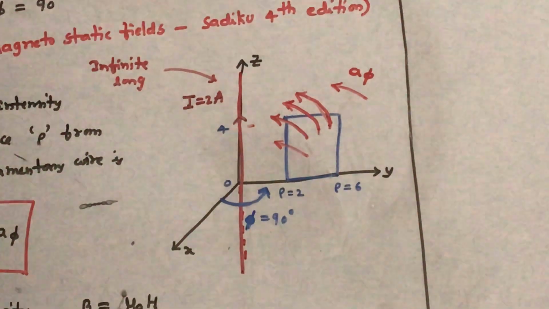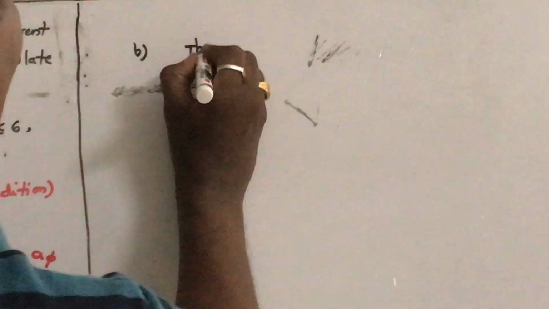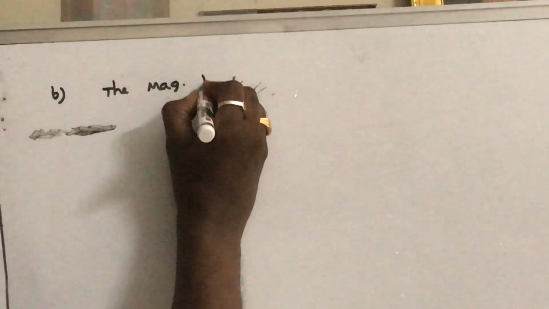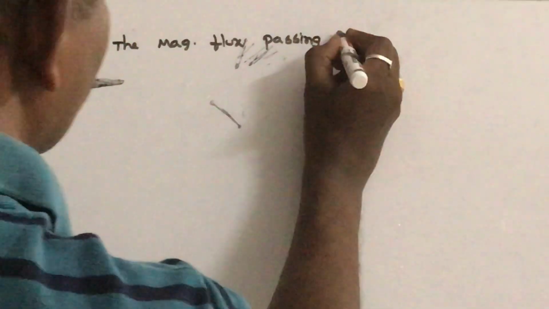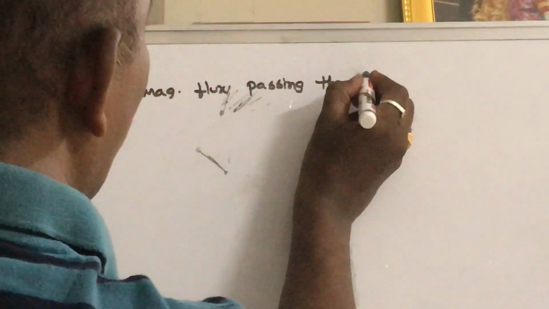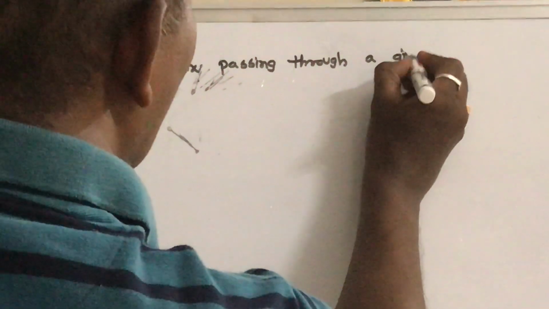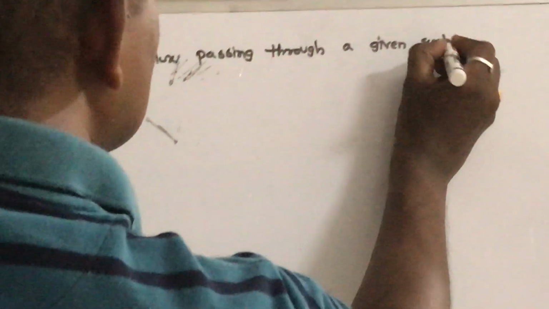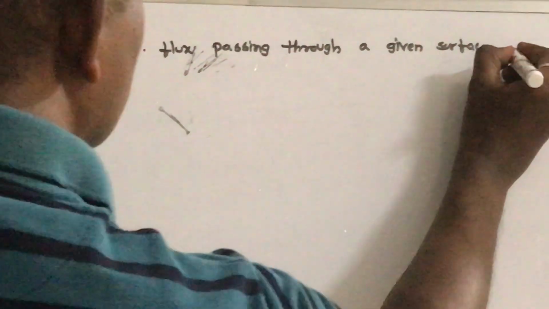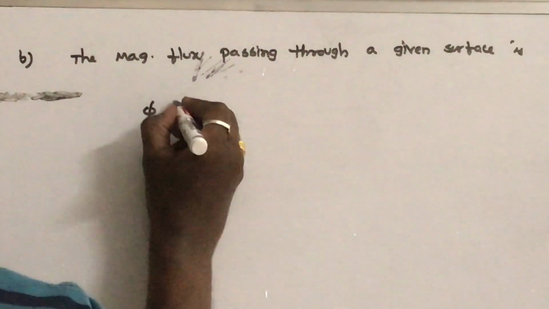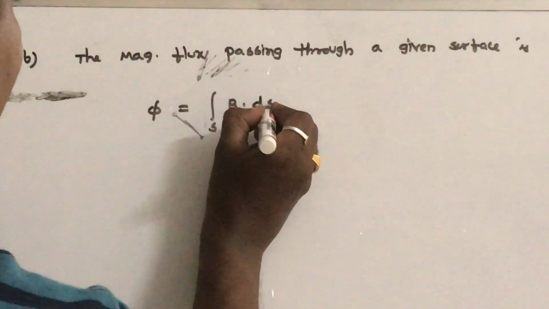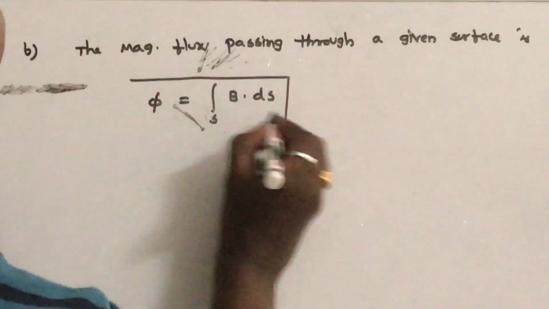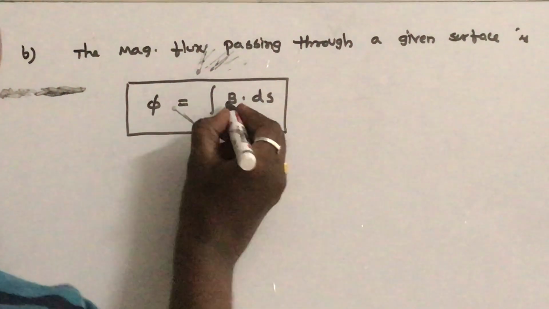So we use this formula for answer B. What is the magnetic flux formula? A very simple formula: the magnetic flux passing through a given surface is the integral of B dot dS, where B is the flux per unit area.